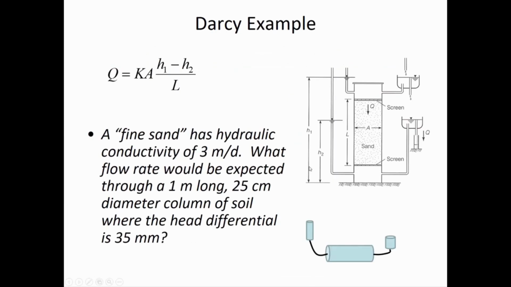Just to refresh our familiarity with Darcy's law, let's finish by doing this example problem. If we have a fine sand, if you look that up in a table of typical hydraulic conductivities, it might tell you it has a hydraulic conductivity of 3 meters per day. So let's find out what's the flow rate in terms of liters per day. What's the flow rate through a column of soil that's 1 meter long, 25 centimeter diameter, and where the head differential, delta H, is 35 millimeters?